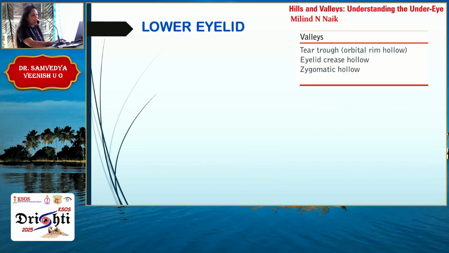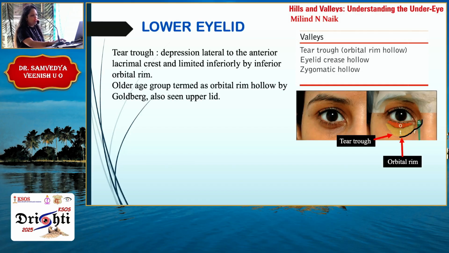In the lower eyelid, as described by Dr. Milind in his recent article, the hills and valleys become more prominent as you age. The valleys are the tear trough, eyelid crease hollow, and zygomatic hollow. Tear trough is a depression lateral to the anterior lacrimal crest, bounded by the inferior orbital rim.